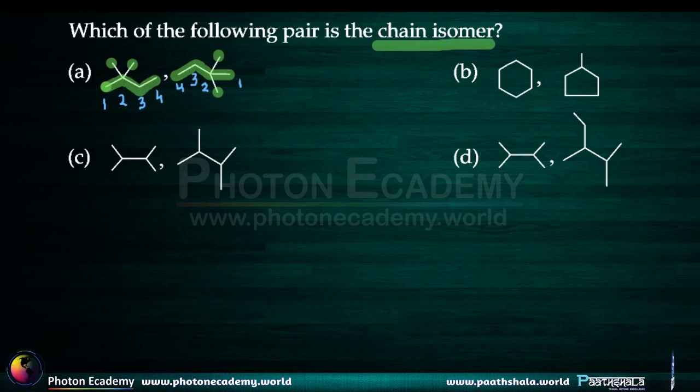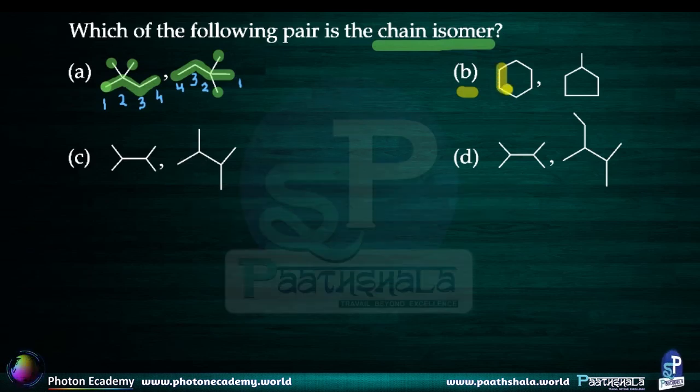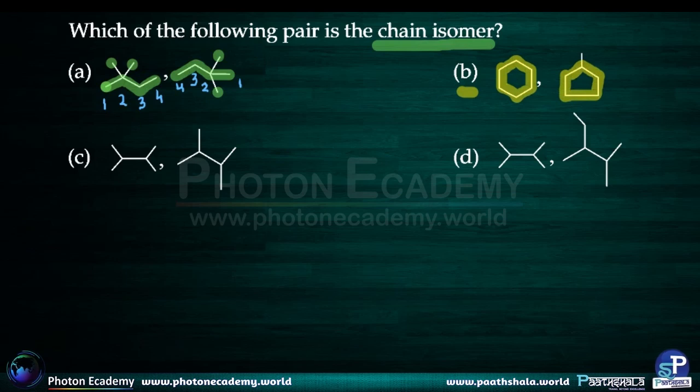Now moving on to option B, we understand that it is a case of aromatic hydrocarbons. The parent chain in the first compound of the pair consists of 6 carbon atoms, and in the second compound, the parent chain consists of only 5 carbon atoms, and a methyl group is attached to a carbon atom in the chain.